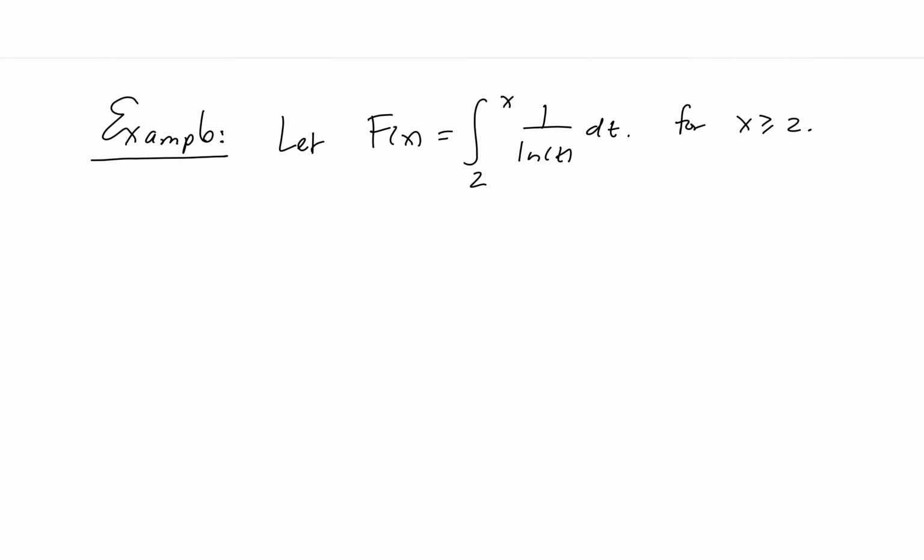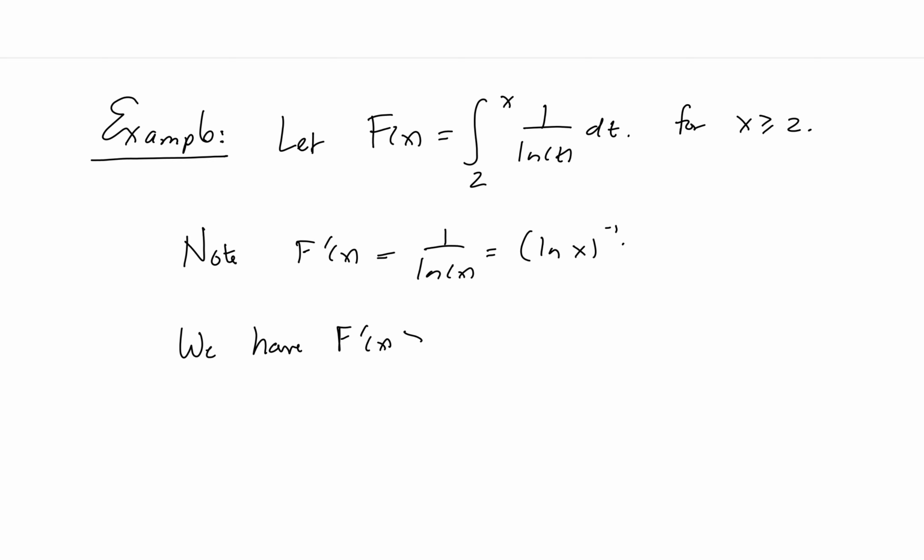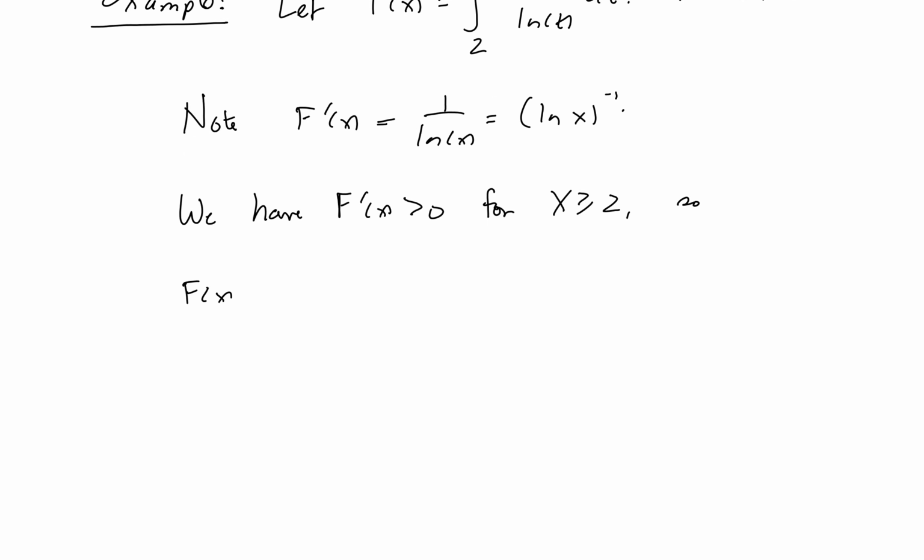So now let's note here, if we take the derivative, f prime of x here is just 1 over natural log of x, which we could also write as natural log of x to the negative 1. And so now, if we remember what natural log of x looks like, it's 0 when x is equal to 1, and otherwise it's positive. So we have f prime of x is positive for x bigger than or equal to 2. So f of x is an increasing function.